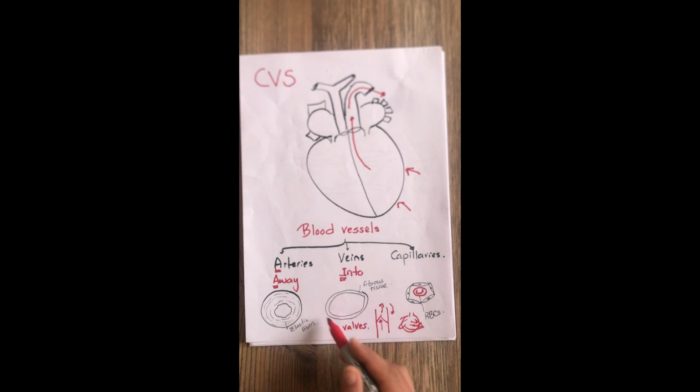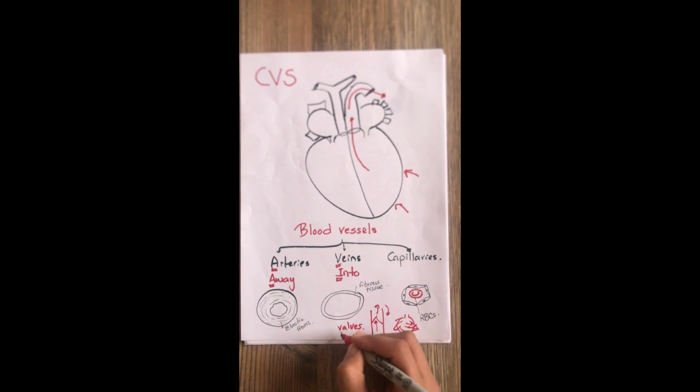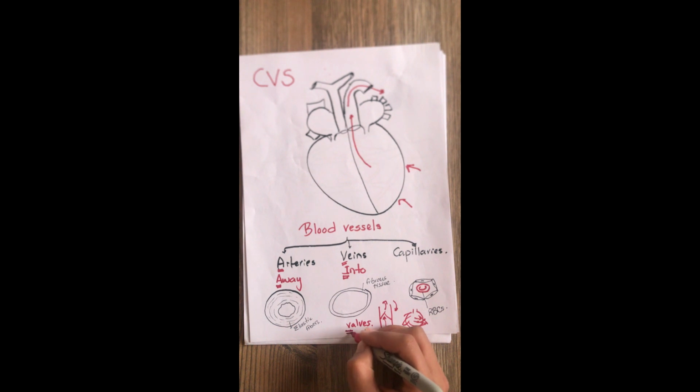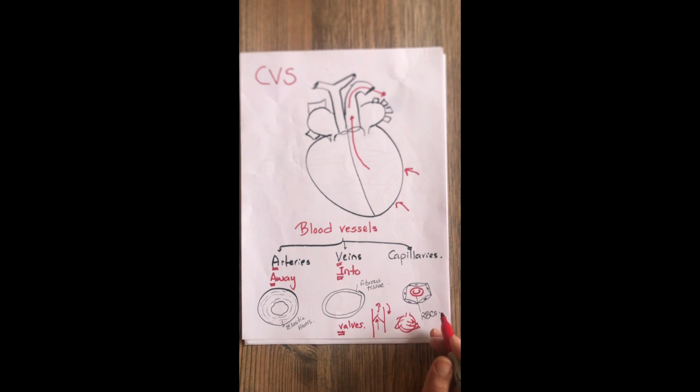The lumen is large, but the very important key word to keep in mind is that veins have valves. This is another thing to remember, VV. The veins have valves. And why do veins have valves? Can you think about that?